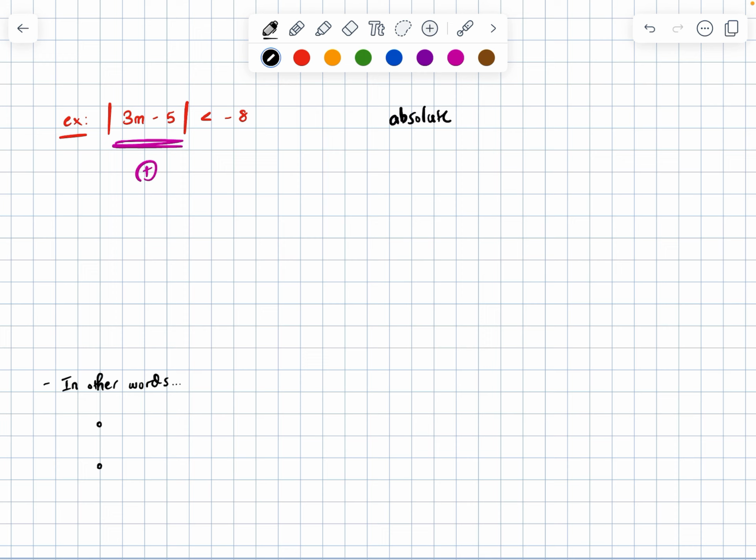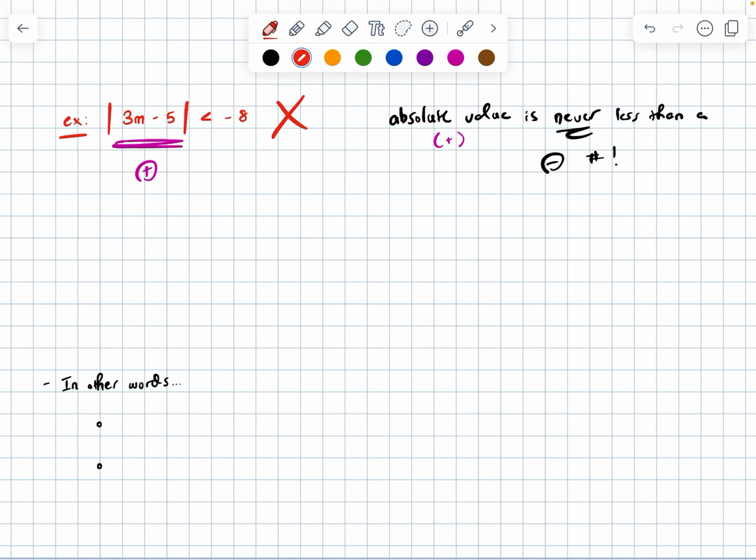Absolute value can never be less than a negative number. So this statement is fundamentally false. There's no way the left side could ever be less than the right side.